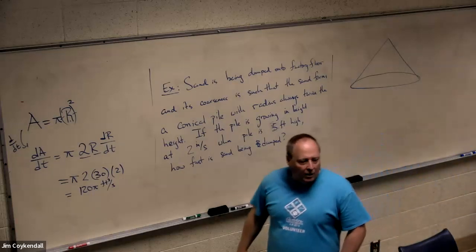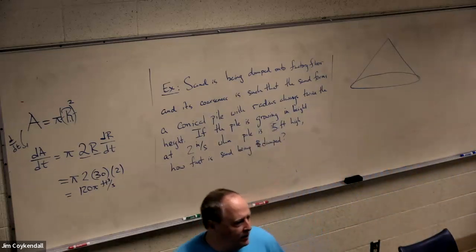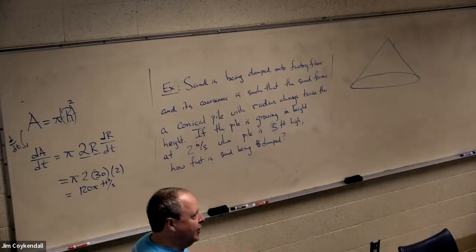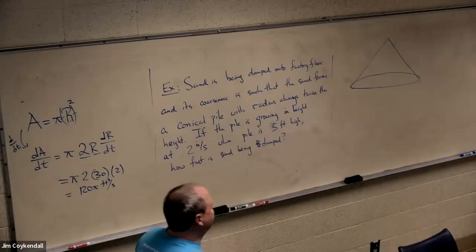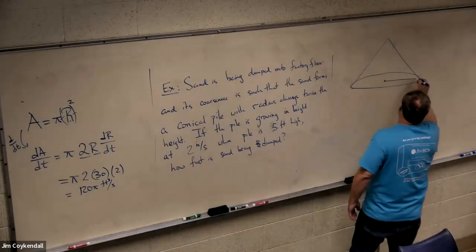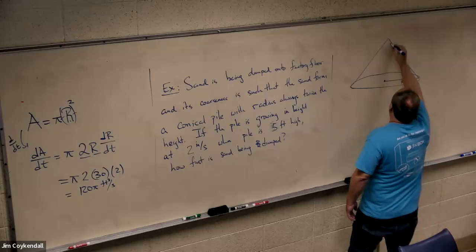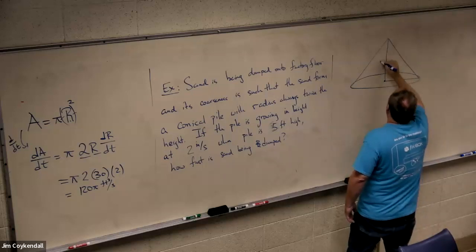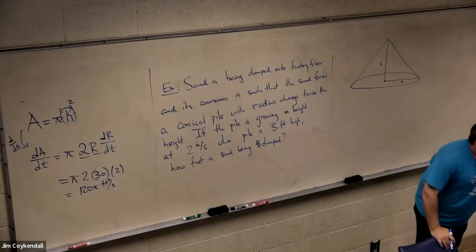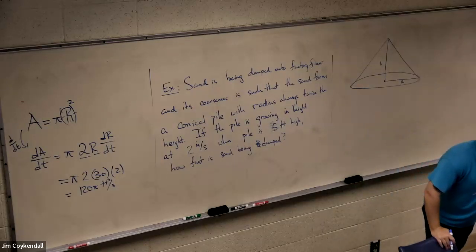As this problem goes on, as that sand's being dumped, that pile's growing. So I'm going to label the radius and height, right? Those are variables because those are both changing as sand is being dumped.